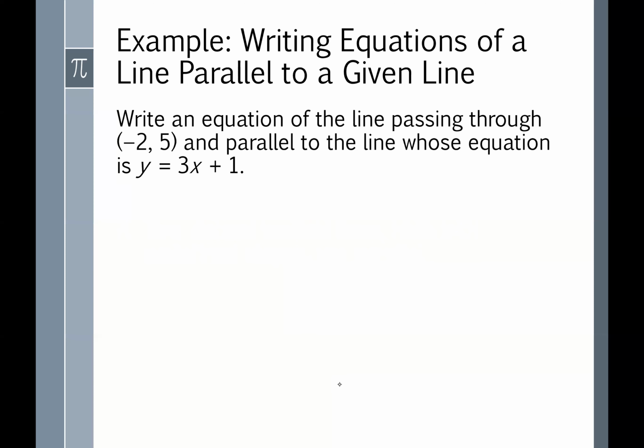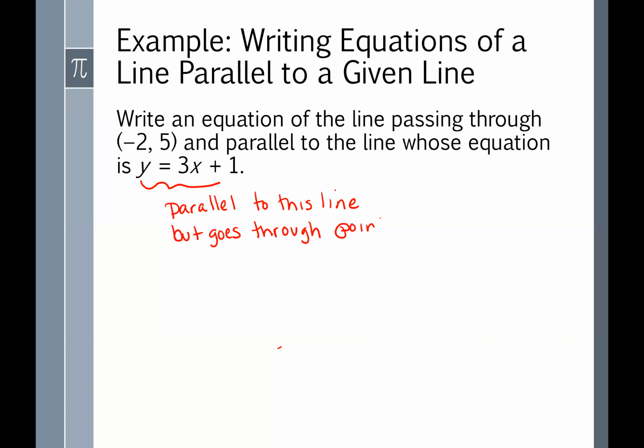So I want to find the equation of the line that's parallel to this one, but goes through the point -2, 5.